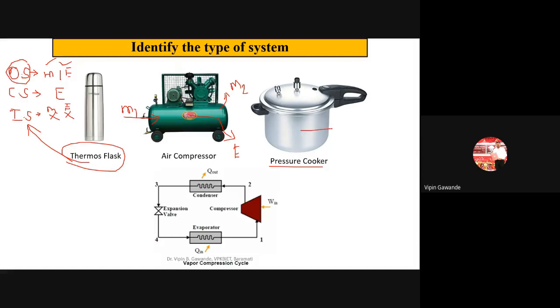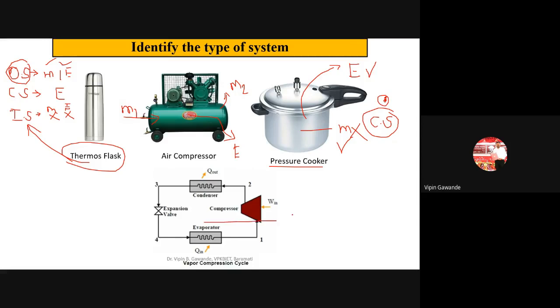Pressure cooker, in pressure cooker, the mass remains constant, but there is exchange of energy. So a system in which the mass remains constant, but there is exchange of energy, we call that a closed system. Now this is your refrigerator.